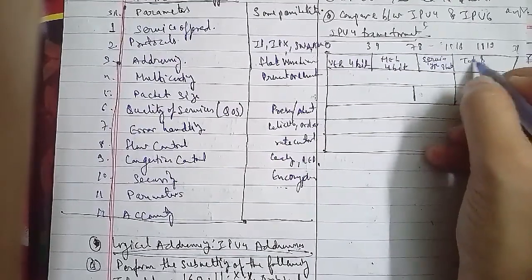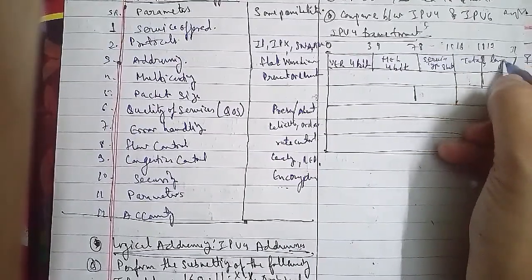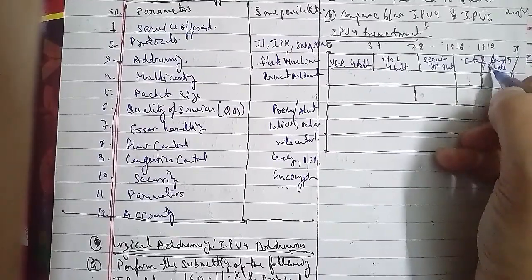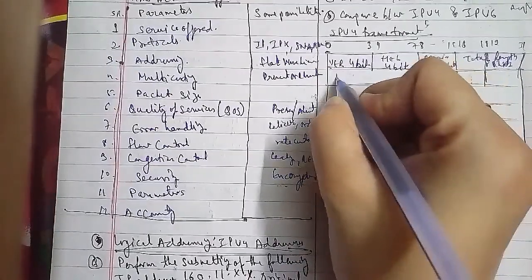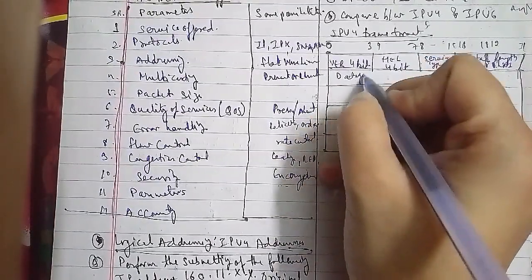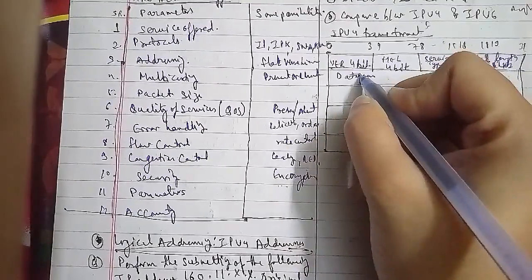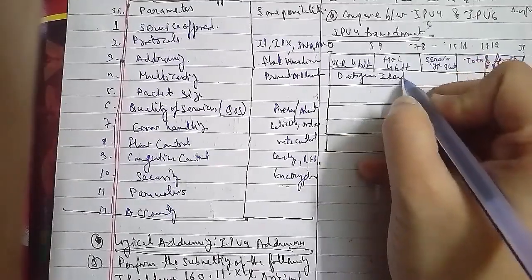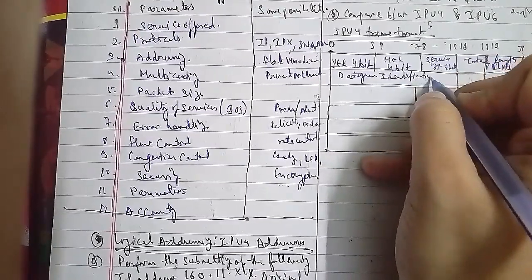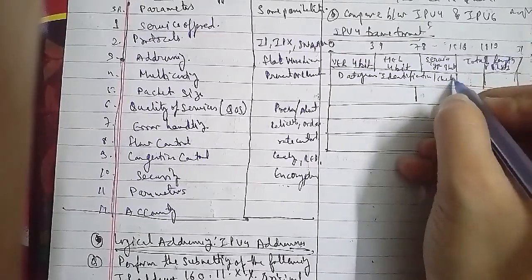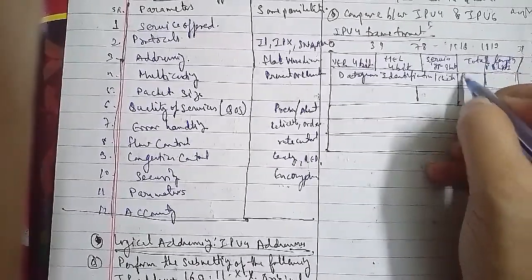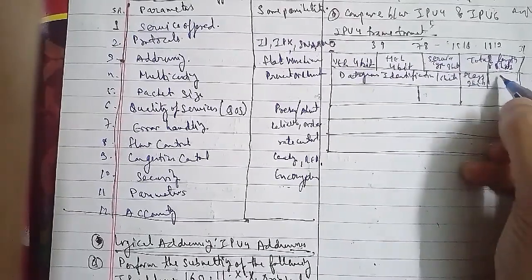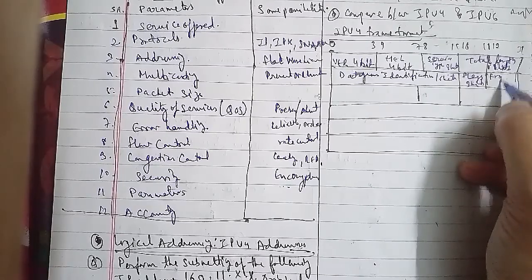This is the datagram identification, which is 16 bits. This is flags, 3 bits. This is fragment offset, 13 bits. This is time to live, 8 bits.